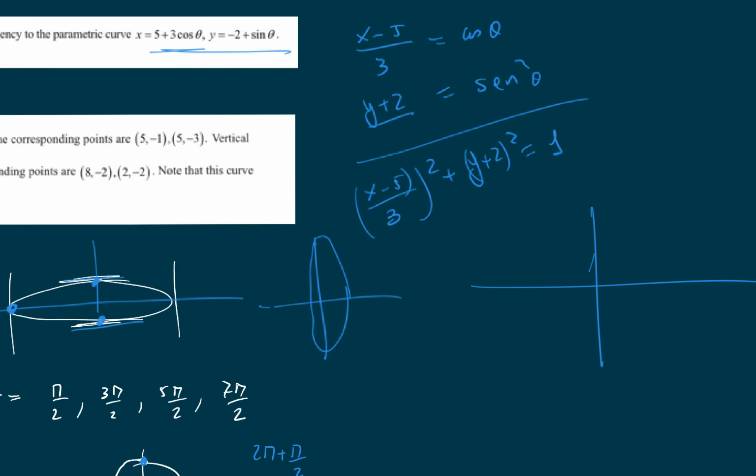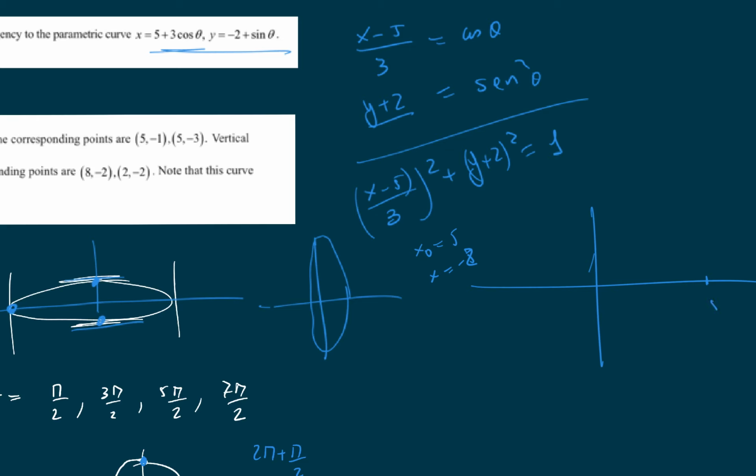The ellipse is the ellipse that has the center at the point 5, minus 2.